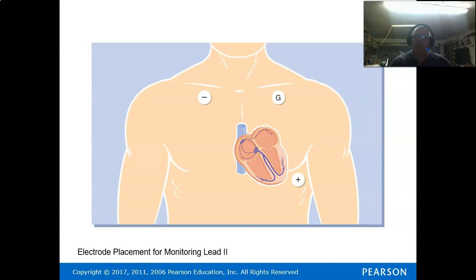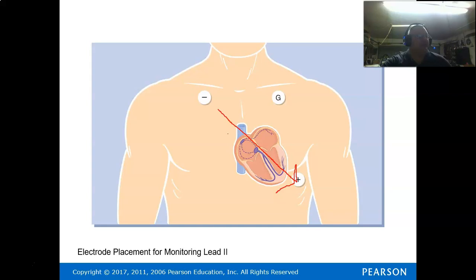So for electrode monitoring, most of the time we monitor in lead 2, where the negative is on the right arm and the positive is down on the left leg. It's important to understand the reason we monitor in lead 2 most of the time. As we draw the line here, this is the normal physiologic axis of the heart.